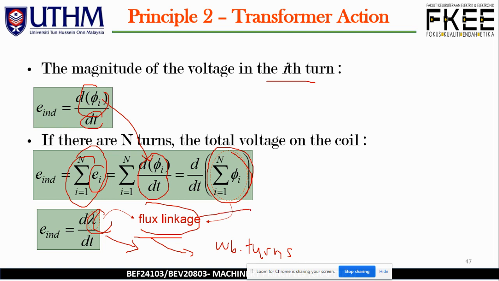This flux linkage is the flux in the core across which voltage is induced. We can simply say that this is the flux that is linked from one turn to another in order to induce voltage.